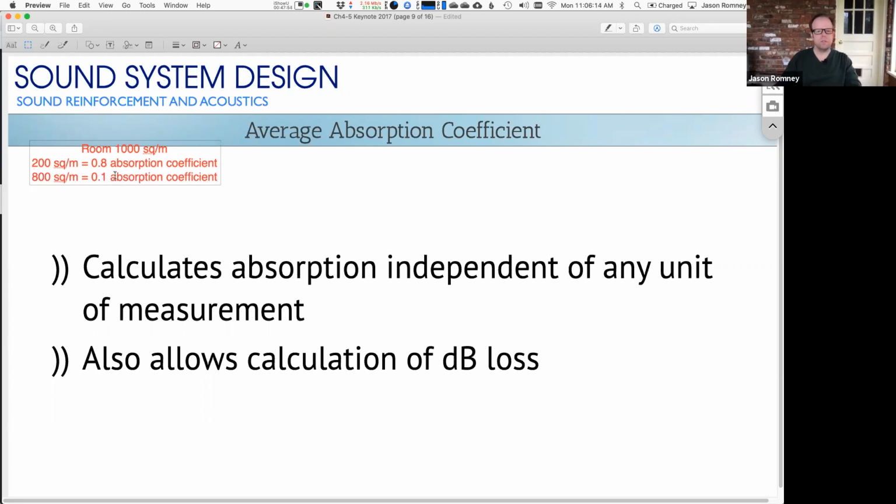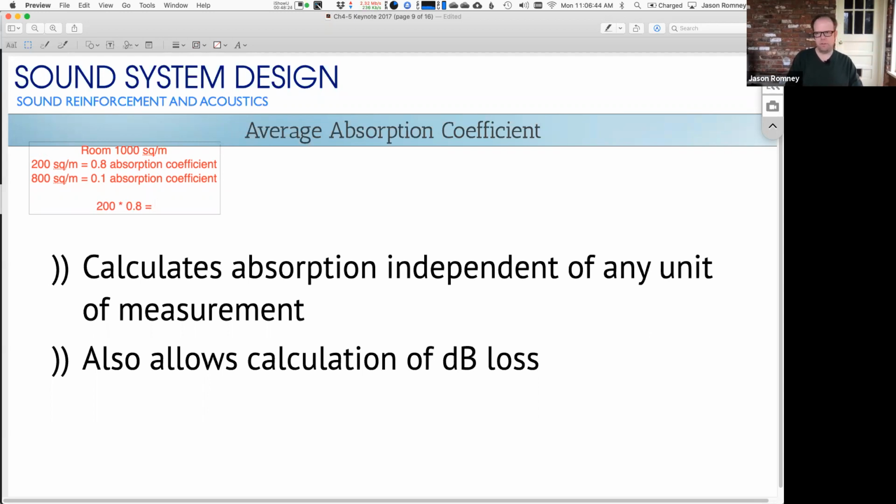Okay, so this is the scenario. In that situation, we could say that the 200 square meters of that is a 0.8 absorption coefficient, we could just do 200 times 0.8, and that would get us what?